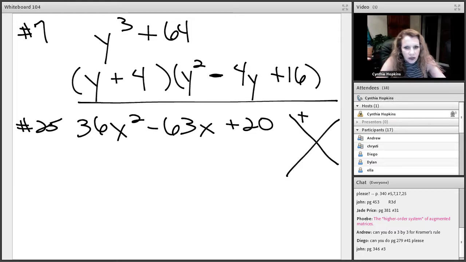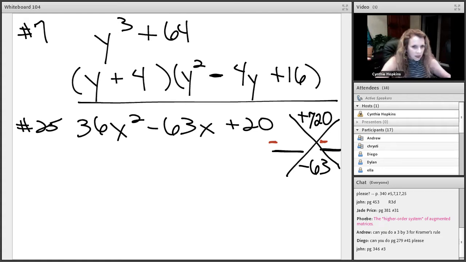All right, so in the top of my x, I'm going to do 36 times 20, and that's positive 720. And then in the bottom part of my x, I put negative 63. Because I want a product to be positive and a sum to be negative, both of my numbers are going to be negative. When I multiply two negatives, I get a positive, but when I add them, I get a negative.